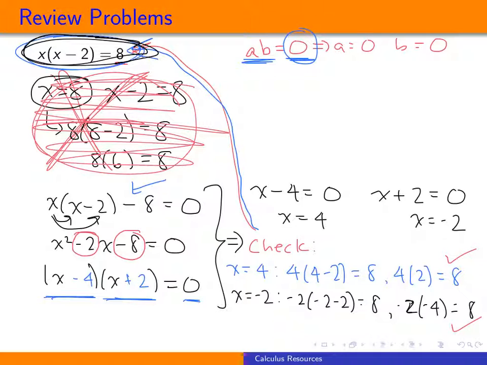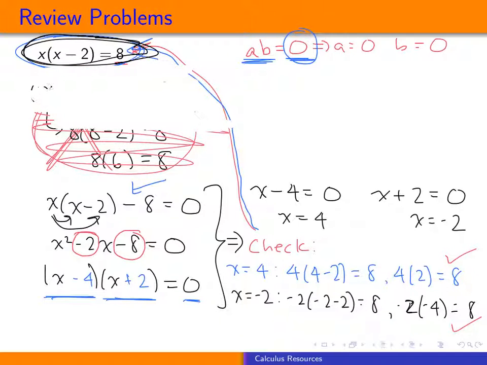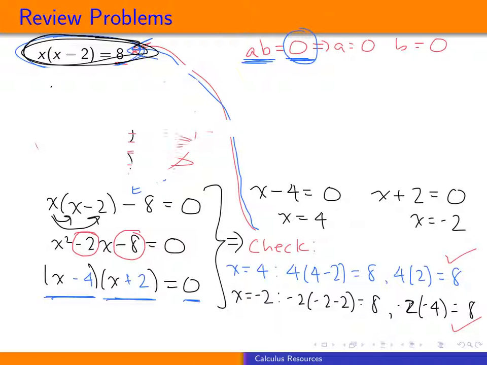So my final answer to this problem is that x is both 4 and negative 2. So we'll write that down right here. Answer: x is equal to negative 2 or 4.